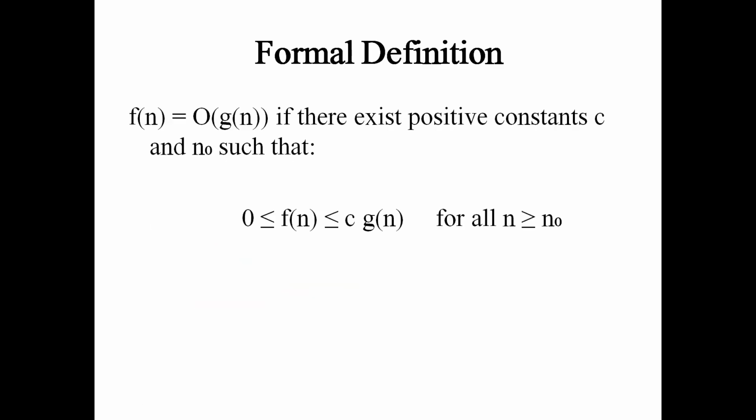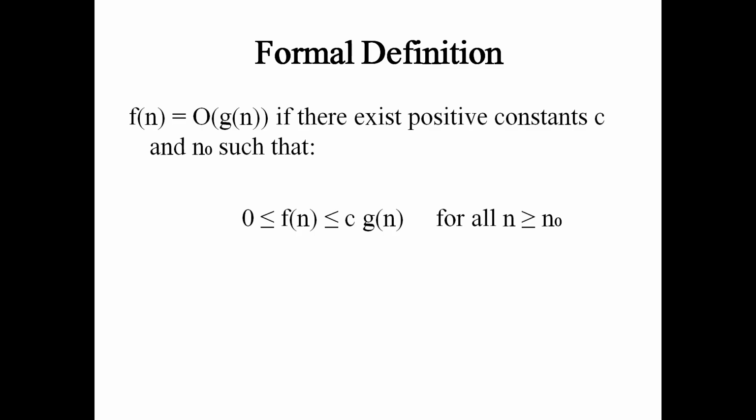Mathematically, we say f of n is Big O of g of n if and only if there exist positive constants c and n naught such that 0 is less than or equal to f of n is less than or equal to c into g of n.